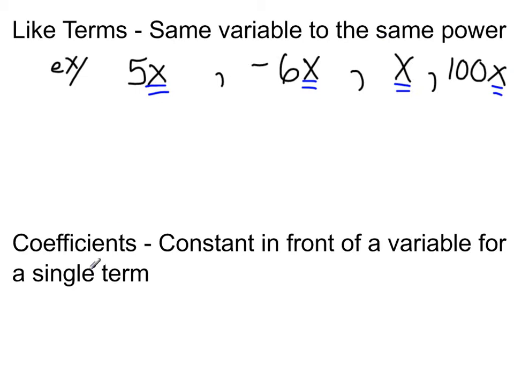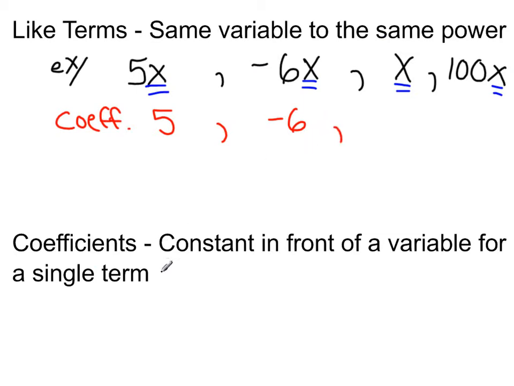Now, the next thing, coefficients. That's pretty much the thing in the front. So if I want to describe what the coefficient for 5x was, we'd say the coefficient is 5. If we want to describe the coefficient for this term, negative 6x, it's negative 6.